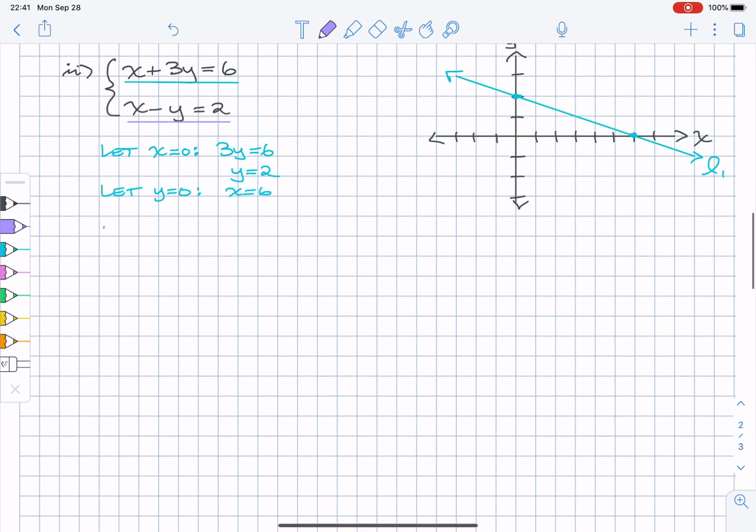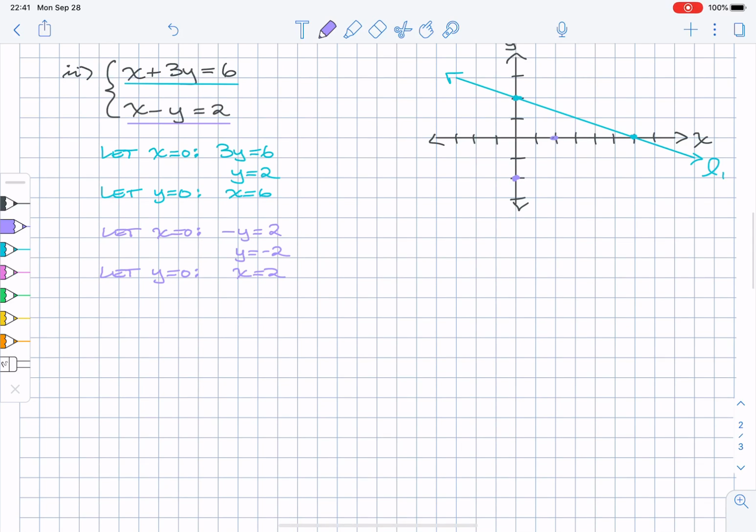Okay, so now let's look at line 2. First I'm going to let x equal 0, which gives me negative y is 2, which means that y is negative 2. So that's my first point. Then I'm going to let y equal 0, which gives me x equals 2.